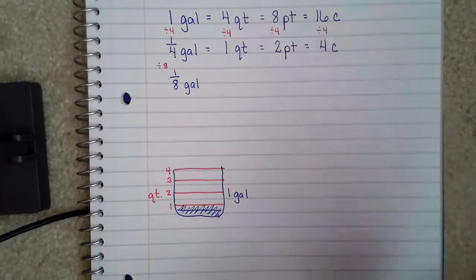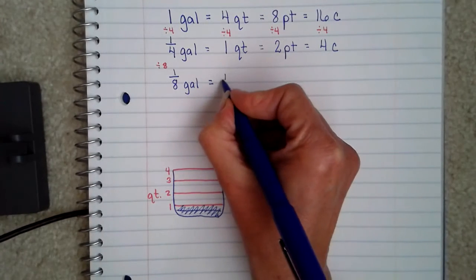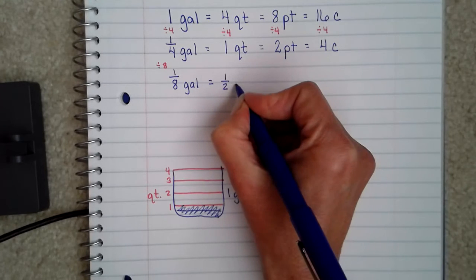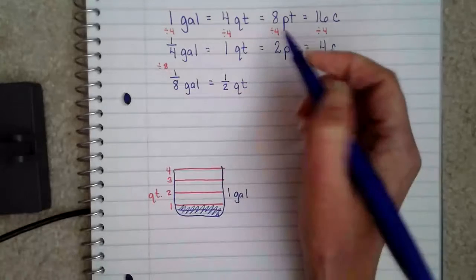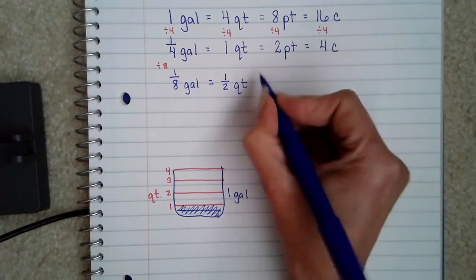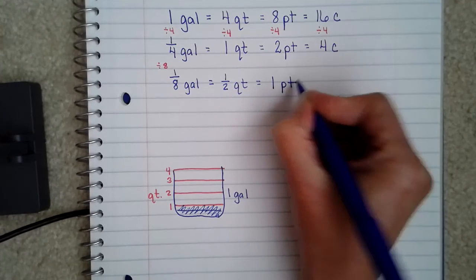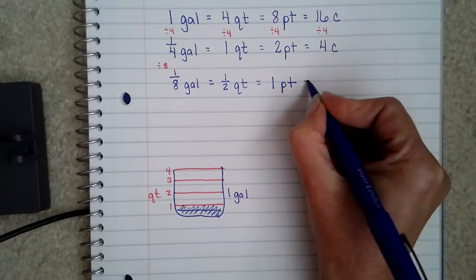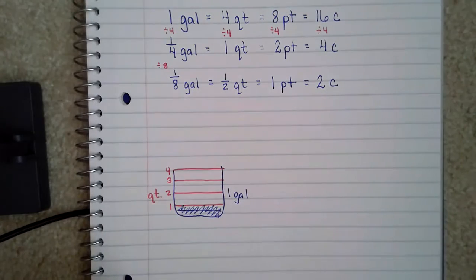So 4 divided by 8 would be 4/8, but that's really the same as 1/2 of a quart. Okay, 8 divided by 8 is 1 pint, and 16 divided by 8 is 2 cups.